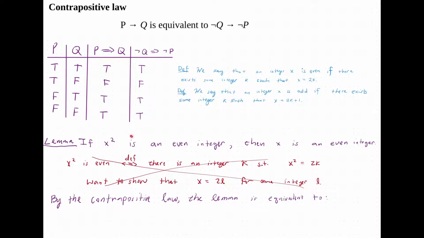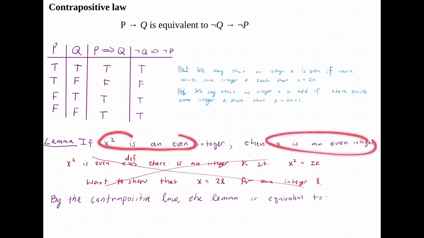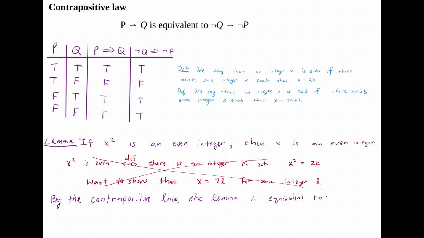so we have, this is our P and this is our Q. So we have that this will be equivalent to not Q implies not P. And so we have the lemma rewritten. And so now this is the contrapositive form. And so we will have here, if x is not an even integer, but if x is not even, we're going to take for granted that an integer is either even or odd.